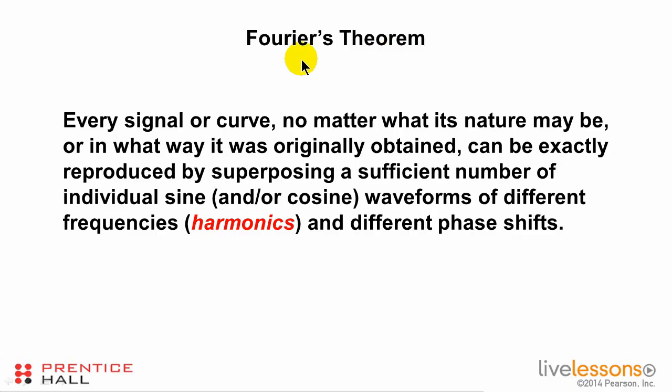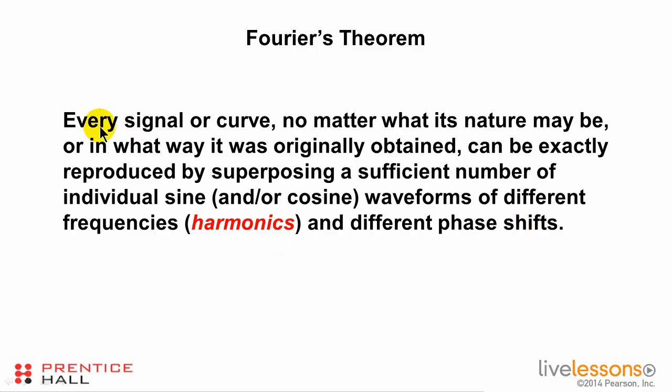And I will paraphrase, or give my little brief definition of Fourier's theorem, this way. Every signal or curve, no matter what its nature may be or in what way it was originally obtained, that is, every signal or curve can be exactly reproduced by superposing a sufficient number of individual sine and/or cosine waveforms of different frequencies or harmonics and different phase shifts.